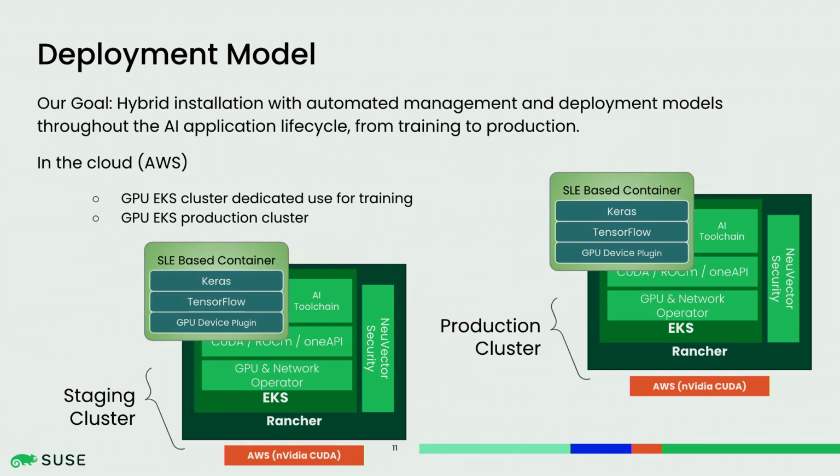I'm still using Rancher to manage, but I'm not using SLE Micro. I'm letting it run on EKS. That's perfectly valid. So everything I do to manage it, everything I do to run it, everything that triggers auto deployments, stays the same. I don't have to change anything. It's all just maintained within the Rancher ecosystem.